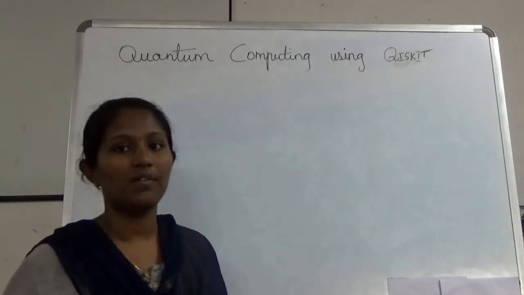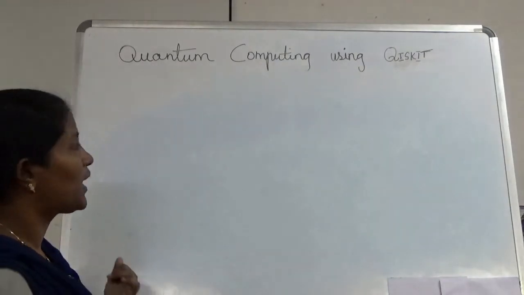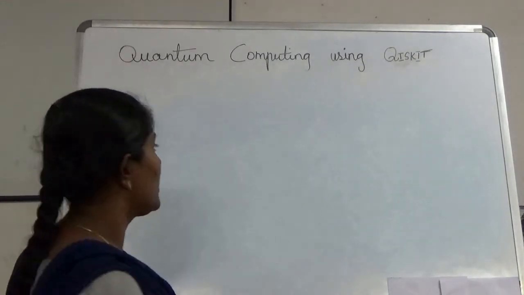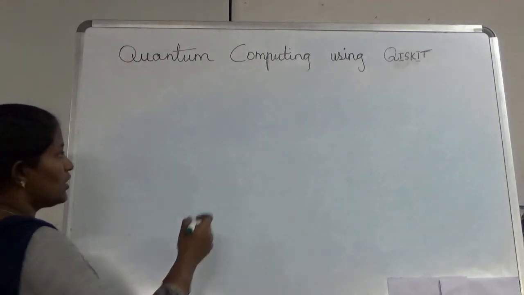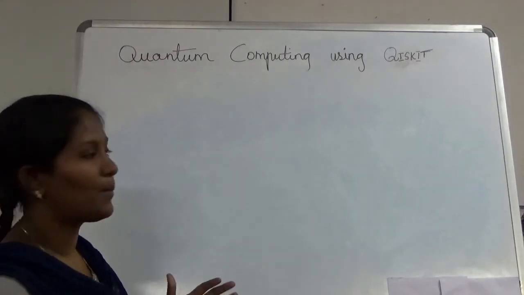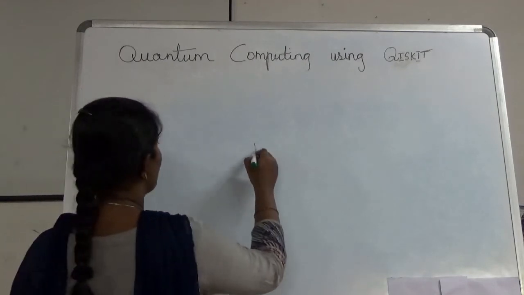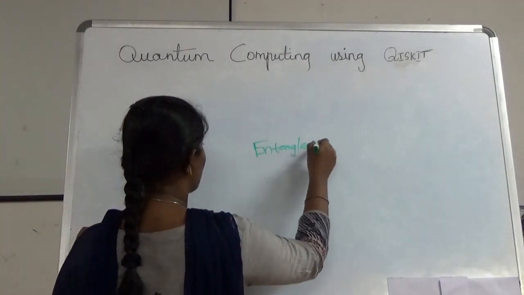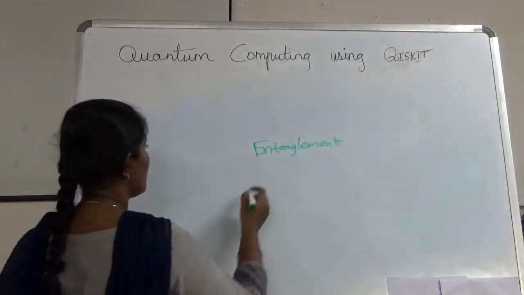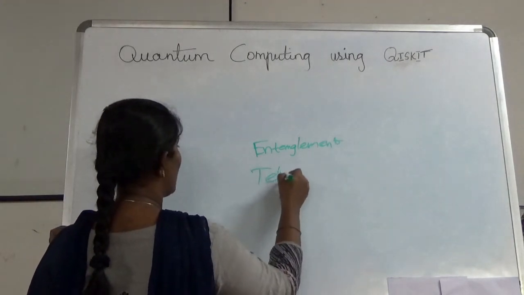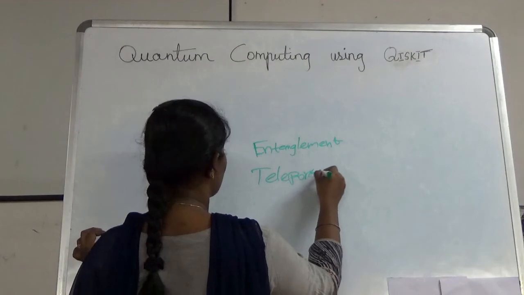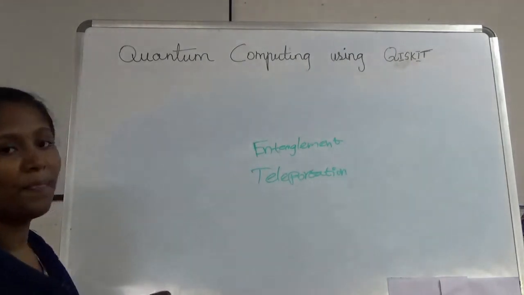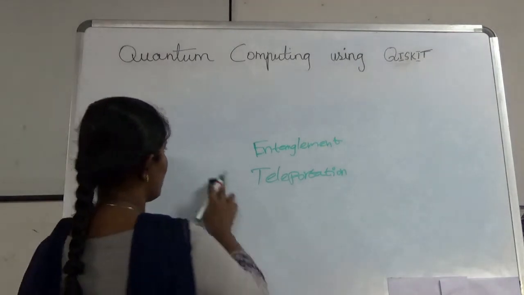Using these gates only, we build some of the quantum mechanical concepts in quantum computing. For example, using these two gates, CNOT and Hadamard, we build entanglement, teleportation, etc. Let us see one by one.